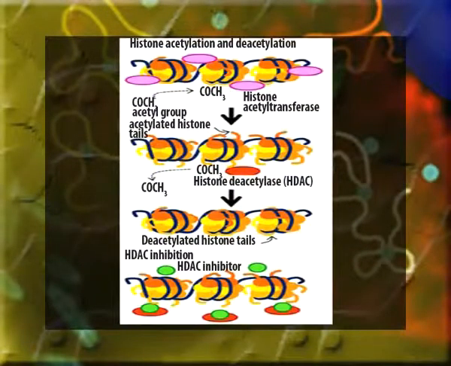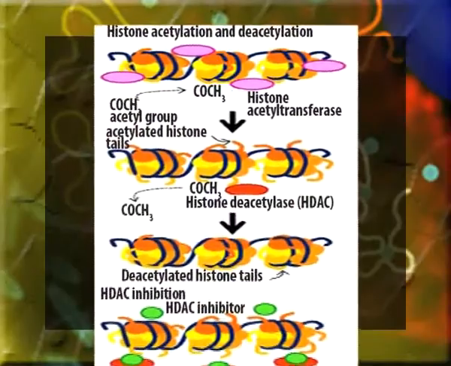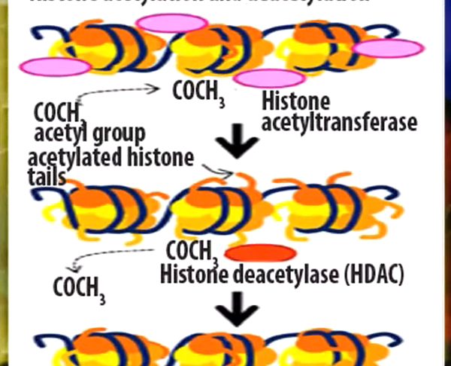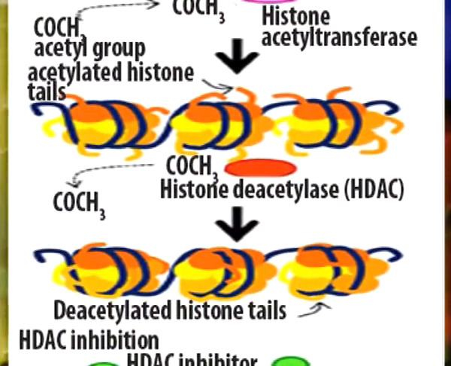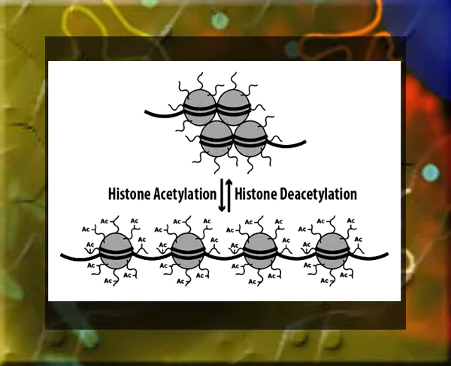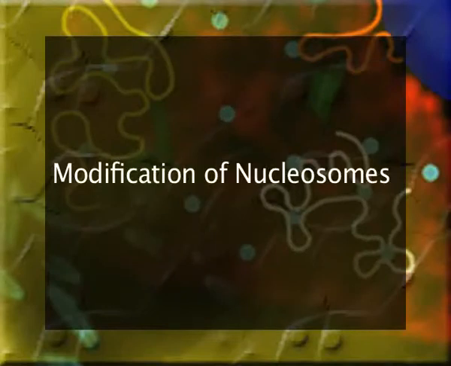Repression due to interactions in the core particle is opposed by chromatin remodeling complexes, while that due to condensation in the chromatin fiber may be relieved by histone acetyltransferases and re-established by histone deacetylase complexes. A number of observations suggest that de-repression at the level of the chromatin fiber precedes that at the level of the individual nucleosome. Now, the modification of nucleosomes.